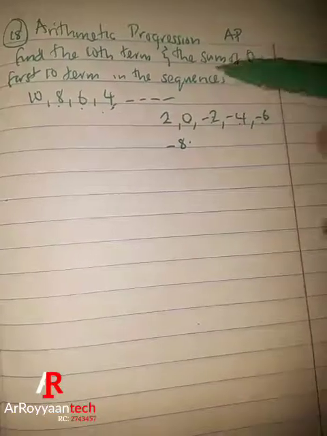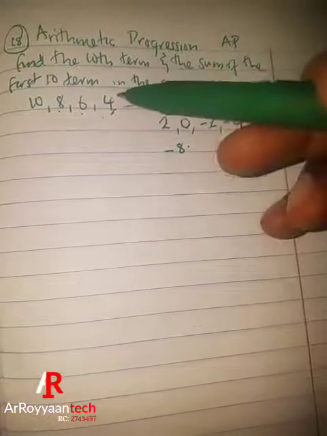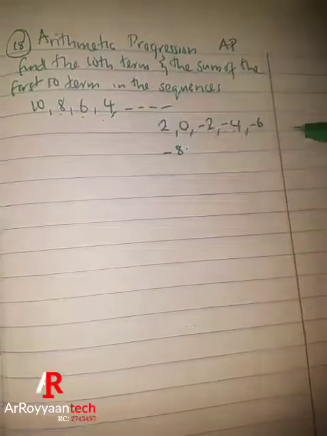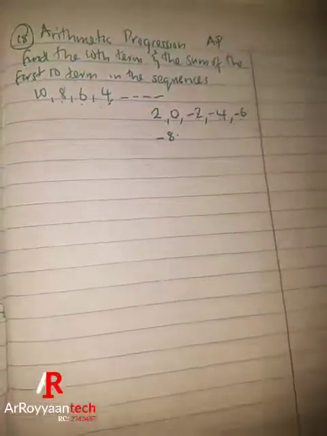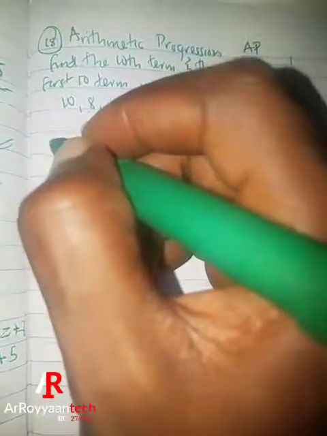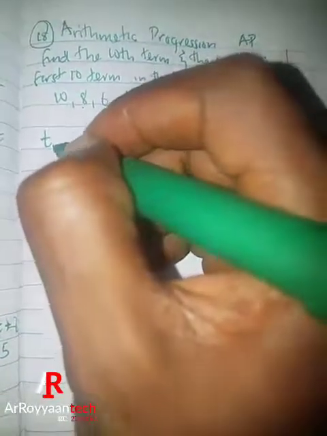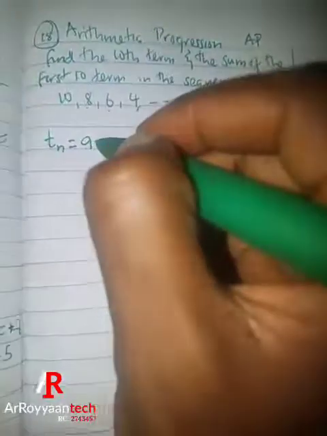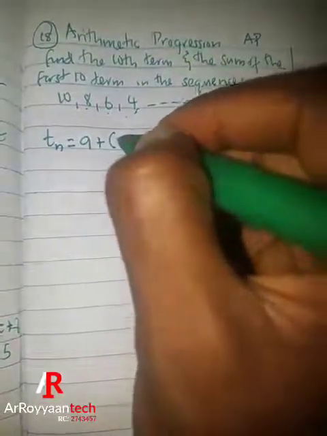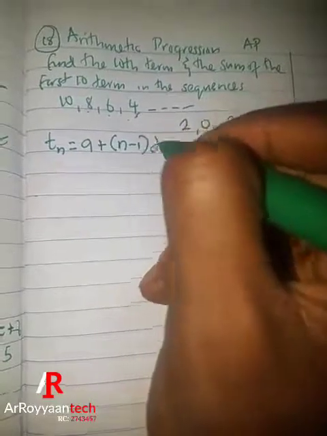So we want to find the sum of the first 10 terms. We are just going to sum up everything together. But if you want to do it in a fast way, we just use the formula: Tn is equal to a plus, bracket open, n minus 1, d.